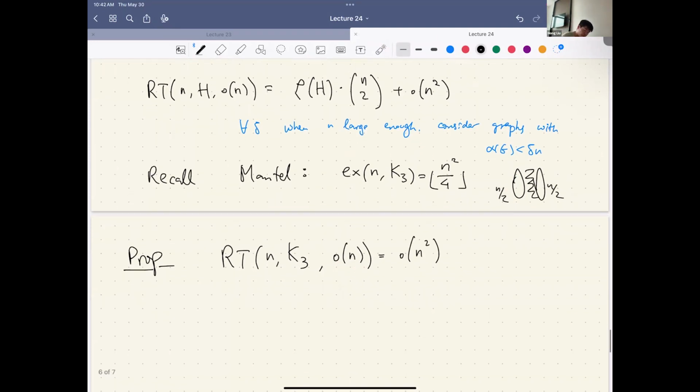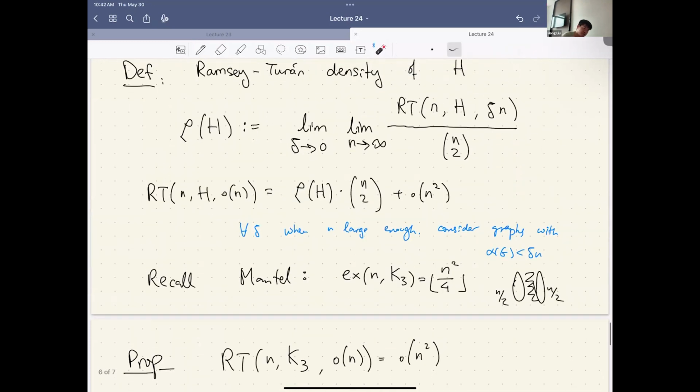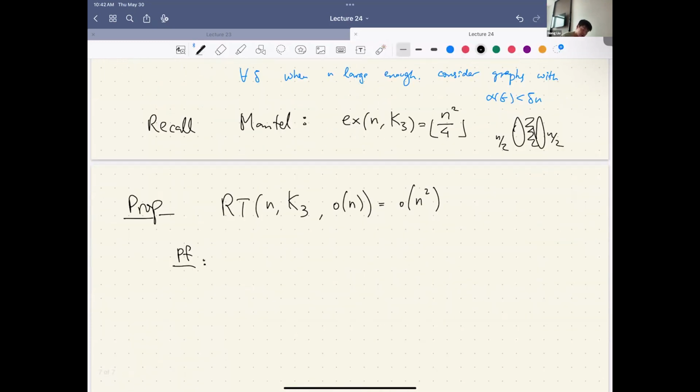The proof is very simple. I will leave the rigorous proof for you, but basically the idea is, it is enough to show the maximum degree of our graph is little o(n).